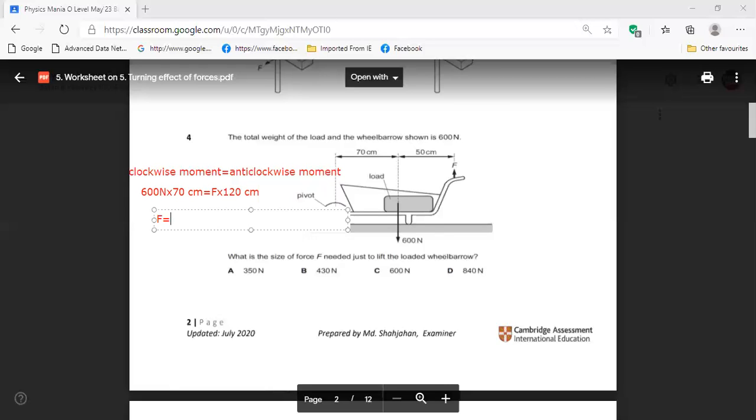It's 350 newtons. Yes, your answer is correct. 350 newtons. I got a little confused in the distance of the clockwise moment.